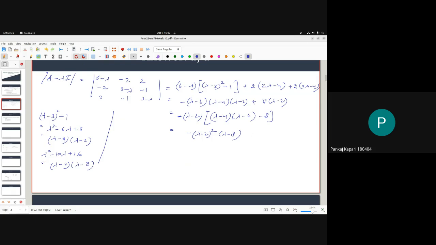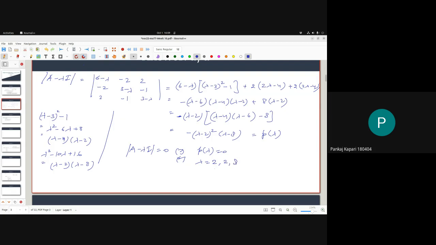Let's call this polynomial p of lambda. Now lambda is an eigenvalue if and only if the determinant of A minus lambda I is 0, and this is so if and only if p of lambda is 0, that is, the values of lambda are 2, 2, 8. So there are three eigenvalues.